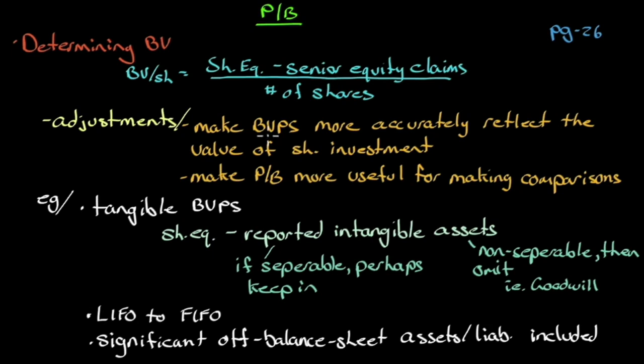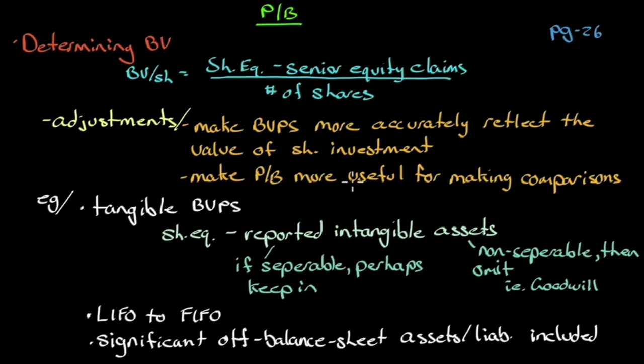Well, number one, it would make book value per share more accurately reflect the value of shareholder investment. Perhaps, and as we've seen with the financial assets and liabilities, they're listed at fair market value. Could we benefit from listing some of the non-financial assets at that value? The other reason to make adjustments is to make price to book more useful for making comparisons.